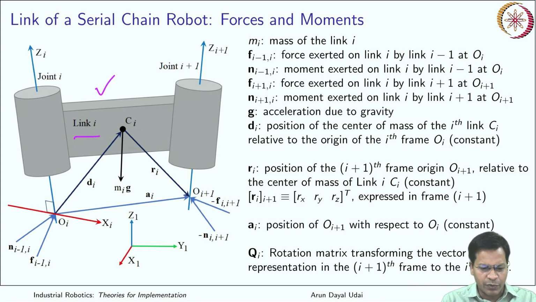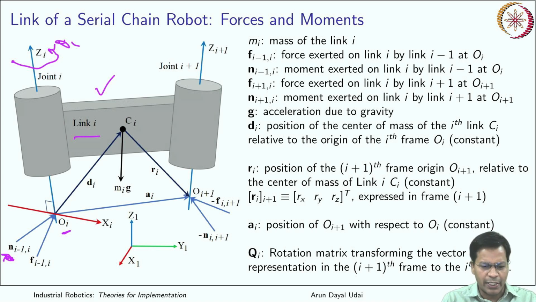Let me start with the moment which is here. This is the moment that acts at Oi, the frame attached to the joint i. About this joint, this link is able to rotate, as you know already. So this is your Oi on which this moment is acting.